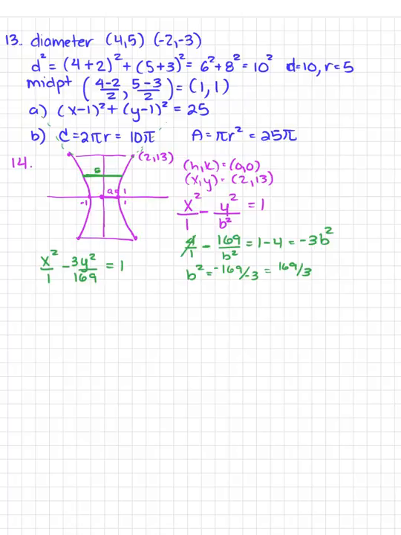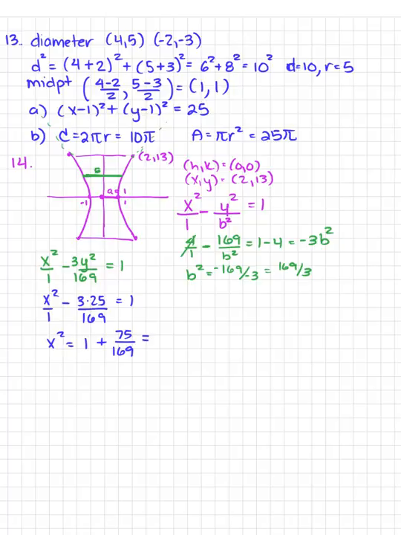So we plug y is 5 into our equation. x squared over 1 minus 3 times 25 over 169 is going to equal 1. So x squared equals 1 plus 75 over 169. And we work that out.